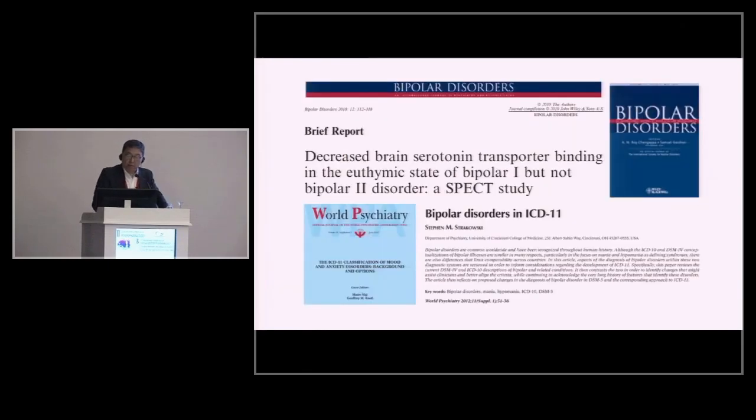We published this paper in bipolar disorder several years ago and it has been cited by ICD-11. We tried to find out whether the serotonin transporter is different between bipolar 1 and bipolar 2. In this study, we found that bipolar 1 has a very significant reduction in serotonin transporter, but not bipolar 2. Bipolar 2 has a very similar amount of serotonin transporter to healthy volunteers. So that's our finding.